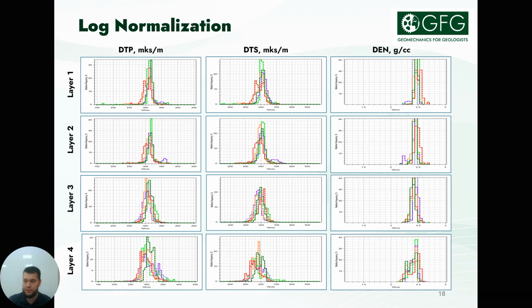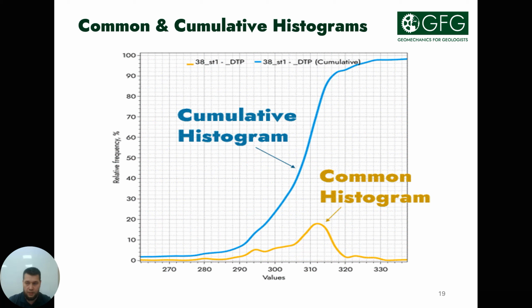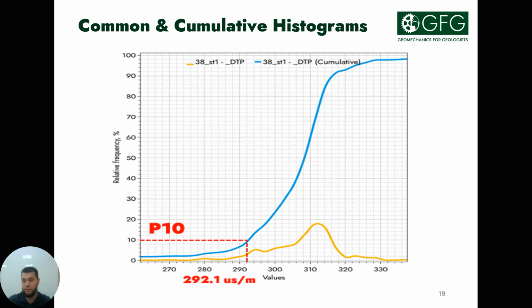This is one more example of P and S wave slowness and density normalization for layers. The histograms can be common and cumulative. Cumulative histograms are used to extract probabilistic values such as P10, P50 and P90.